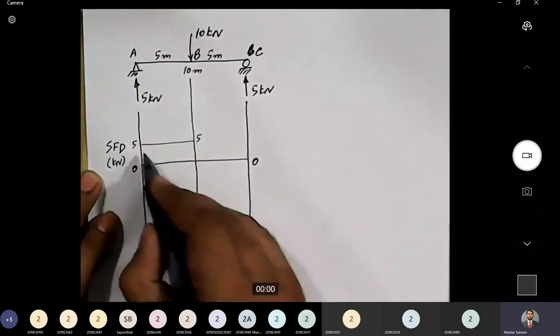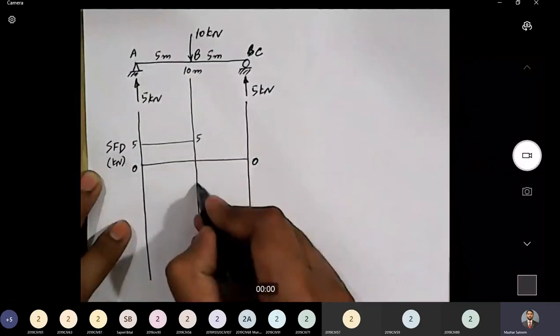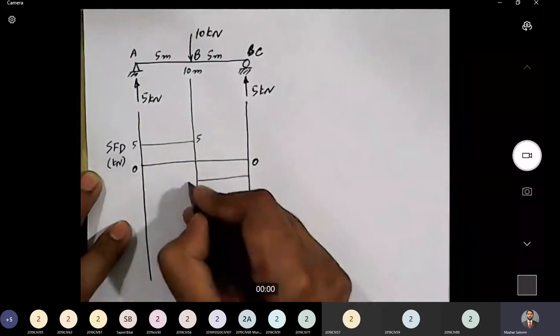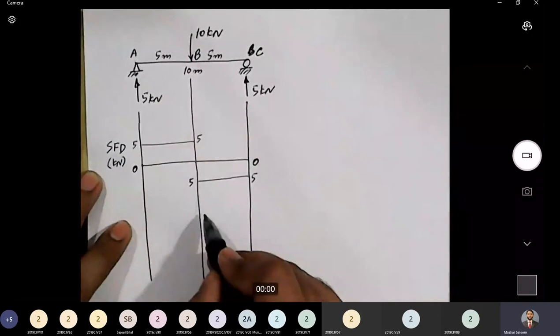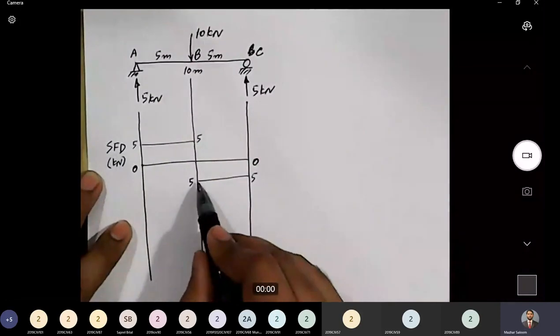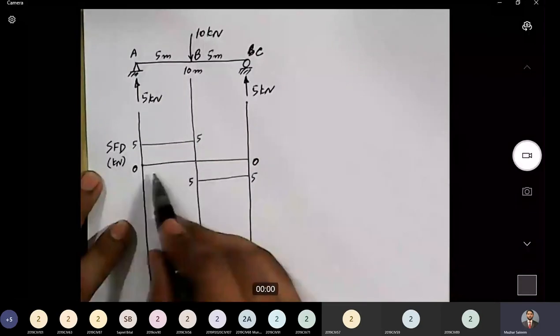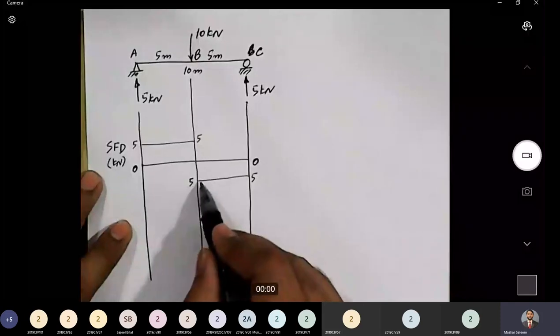For portion AB, the value of shear is 5, and for portion BC, the value of shear is minus 5. We incorporated this minus 5 by drawing it below the 0 line, because V was negative for portion BC.